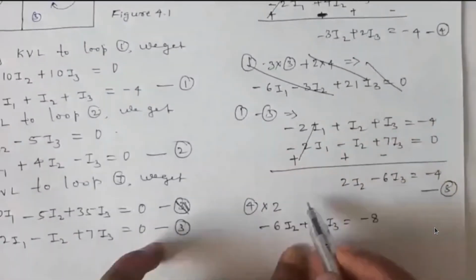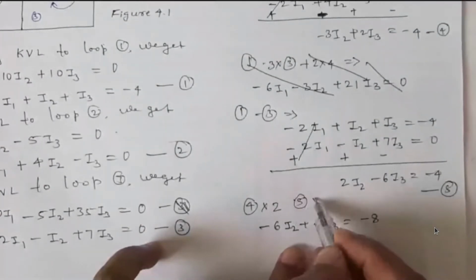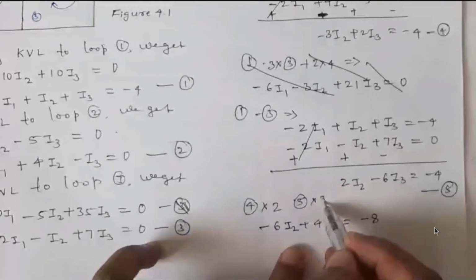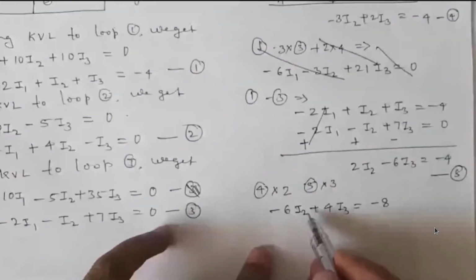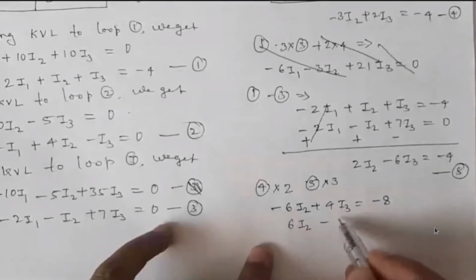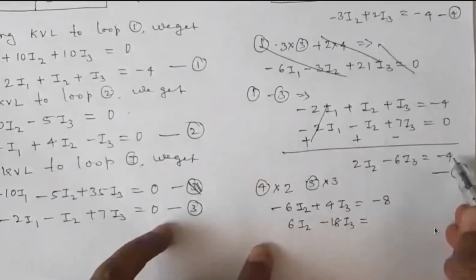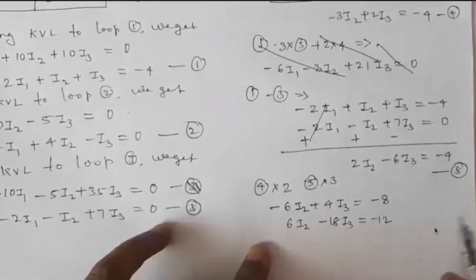Say equation 3 will be, equation 5 will be multiplied with 3. In that case, this one is 6I2 minus 18I3 is equal to minus 12, right? And both I'll add up.